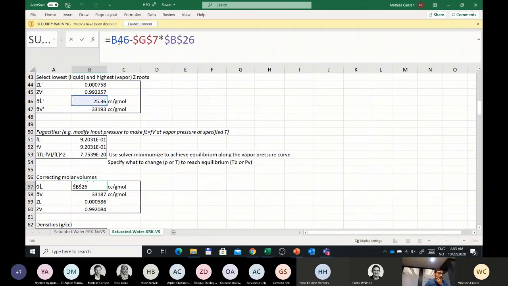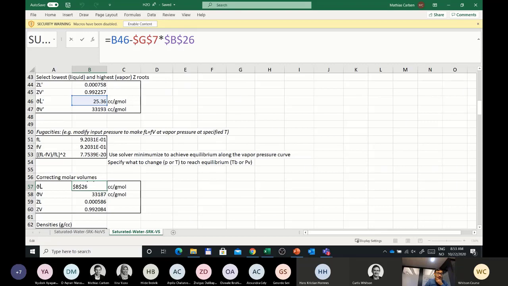So taking this B46, that's this cell here, that's the wrong, quote unquote, liquid phase molar volume, and minus this thing here, that's the C value.